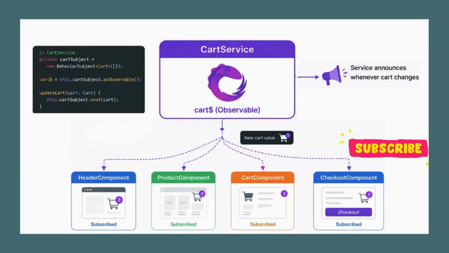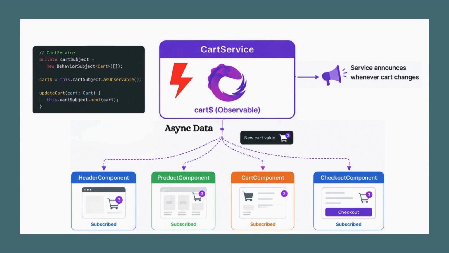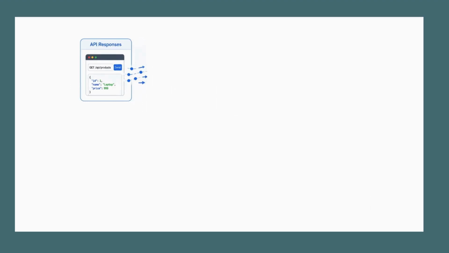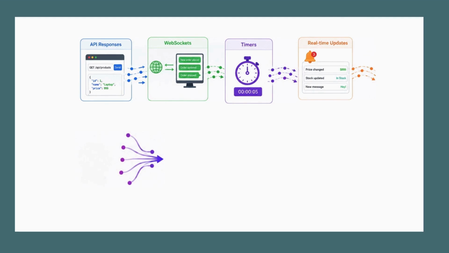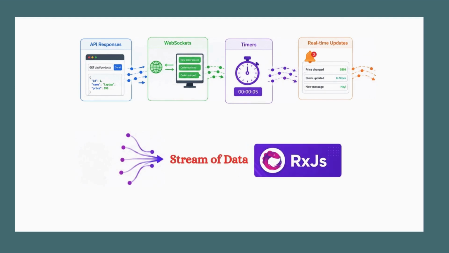A component subscribes once. Whenever new data arrives, Angular automatically delivers it. This makes RxJS incredibly powerful for asynchronous data. API responses, WebSockets, timers, real-time updates, anything that changes over time. If your application deals with a stream of data, RxJS is one of Angular's greatest strengths.